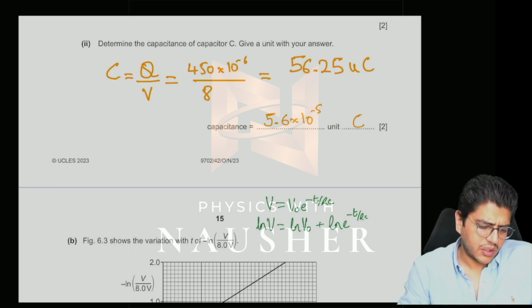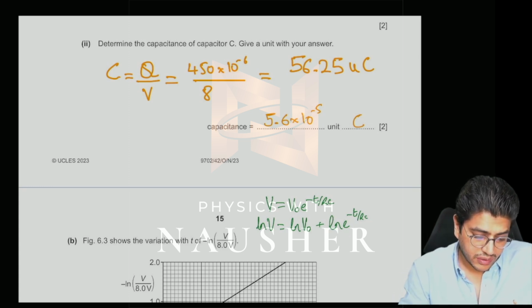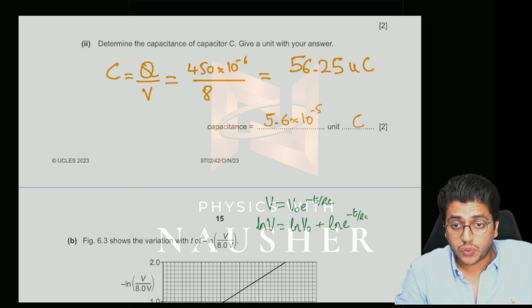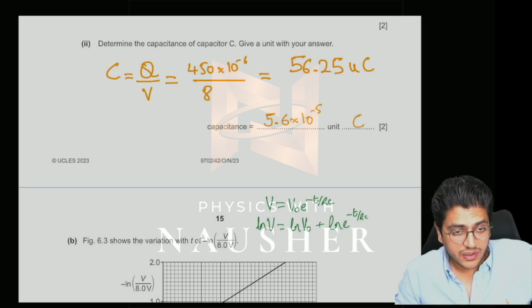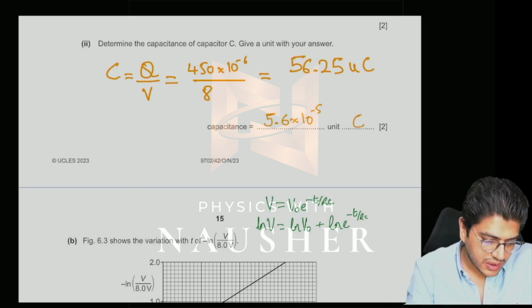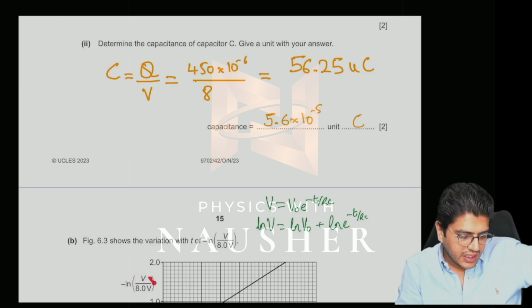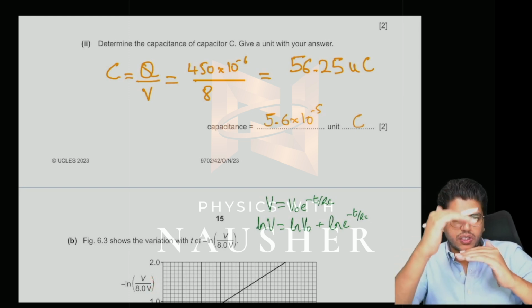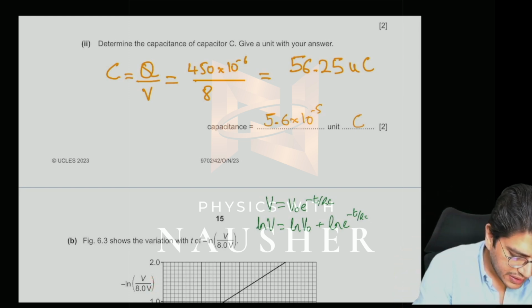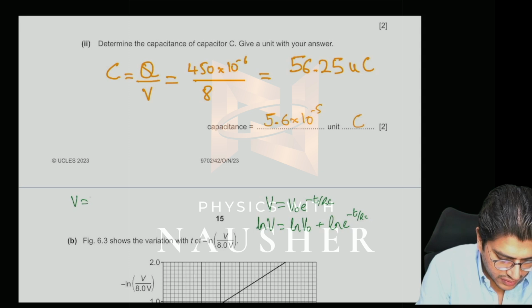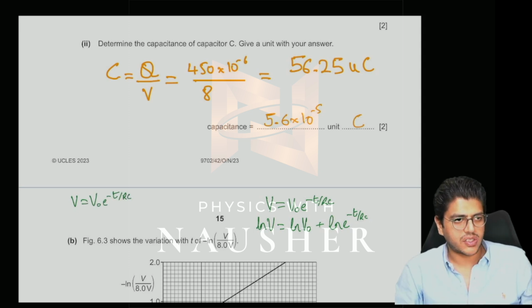Or if you want to go by the way they're doing it, this is one variant of it. The other variant is the moment you see this, V upon V naught. So there's a voltage upon another voltage. In that case, you have to write the same equation, which is V is equals to V naught e to the power minus t over RC.